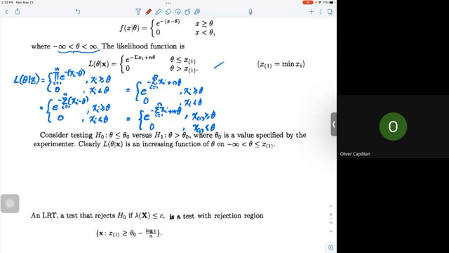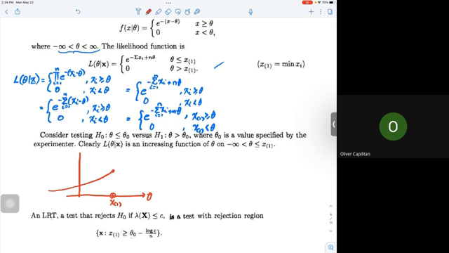So our likelihood function is exponential, obviously, this is its graph. Say this is for our theta. For this point, say we have here the minimum order stat. It will be 0 after this.